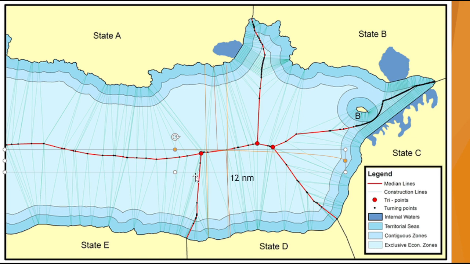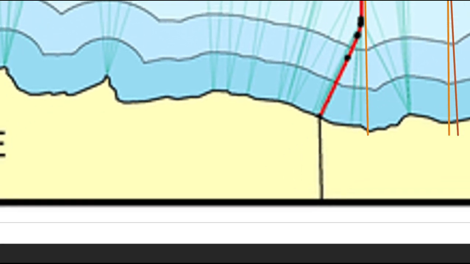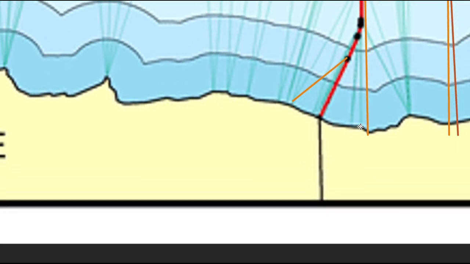And if we come to adjacent states as well, then for example there is state E, state D. So from here we are dividing this on points of median. That is, for example, your shoreline was this. So from here the point was here, this distance, and from here the point is, for example, this distance, right?